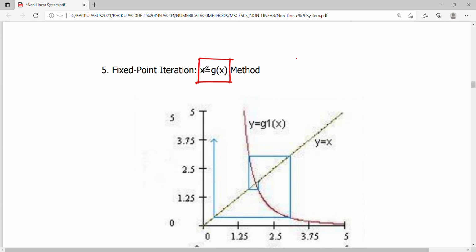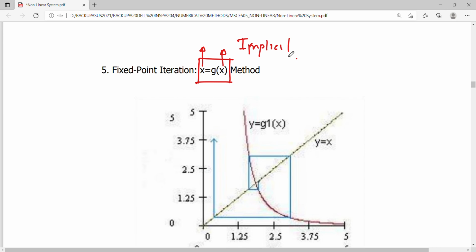Parang sinabi mo, yung value ng x mo, i-equate mo lang dun sa function mo na ang value rin niya yung x na yun. So, pareho siya. This is an implicit formulation.